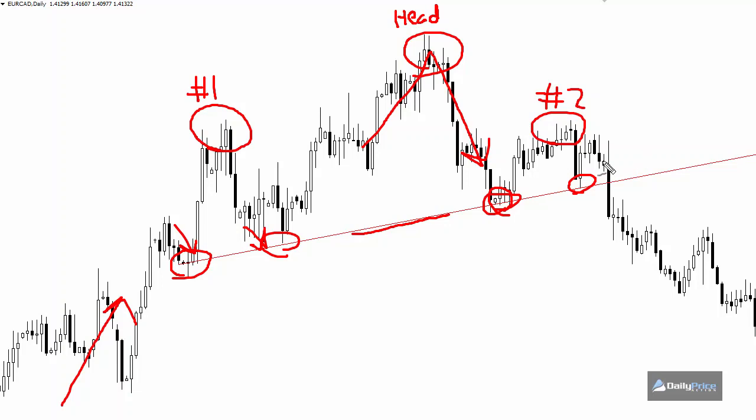So this right here is not a complete head and shoulders pattern yet. What we've discussed so far is not a complete pattern. The pattern isn't complete until the market breaks below the neckline. Let me say that again.